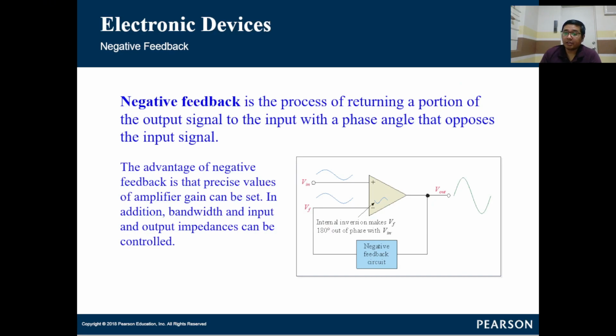Ito yung advantage ng negative feedback in an op-amp, no? Nakokontrol natin actually yung gain or voltage gain ng isang op-amp by incorporating a negative feedback. Unlike sa open loop, hindi natin makokontrol yun. That's why nagsasaturate pataas or nagsasaturate pababa yung ating output, giving us the output of a clipped output, or somewhat of a square wave, no?